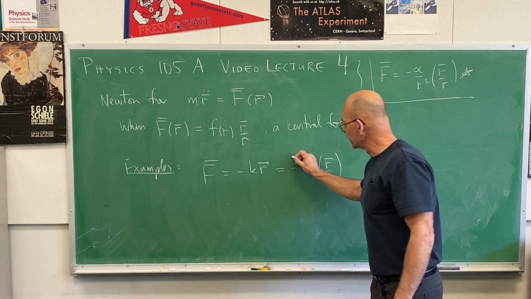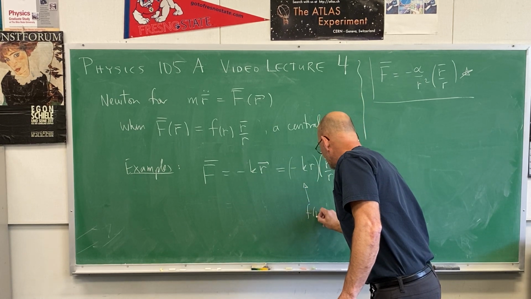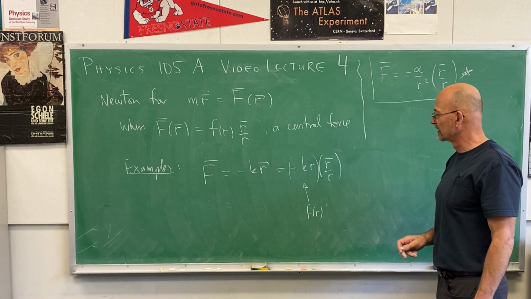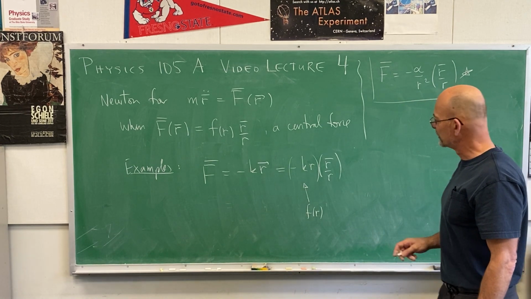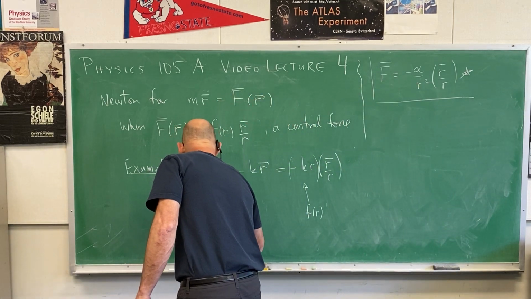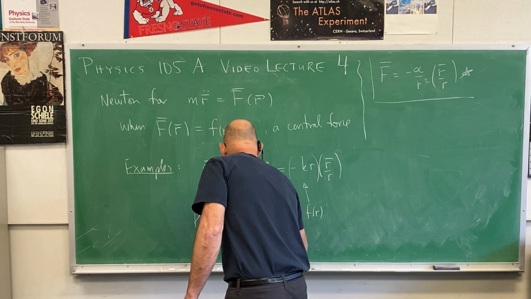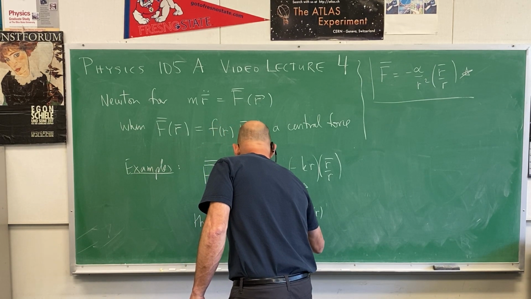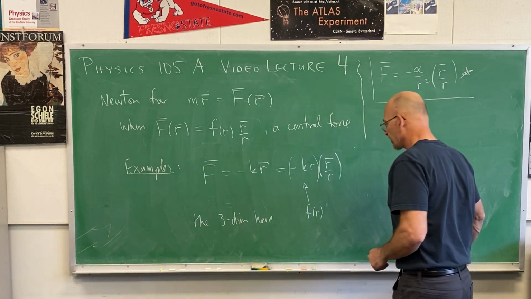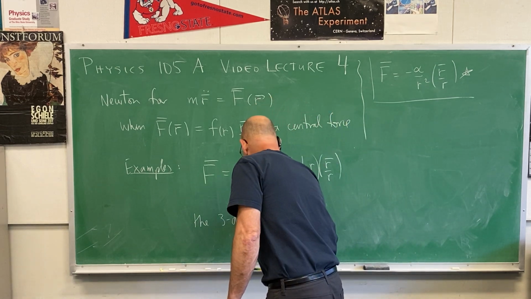Doing that because then we see that that is our F of R. Okay. So this would be, I'll put a note here, the three-dimensional harmonic oscillator. We don't know that it's a harmonic oscillator, do we? Let's say three-dimensional Hooke's law.